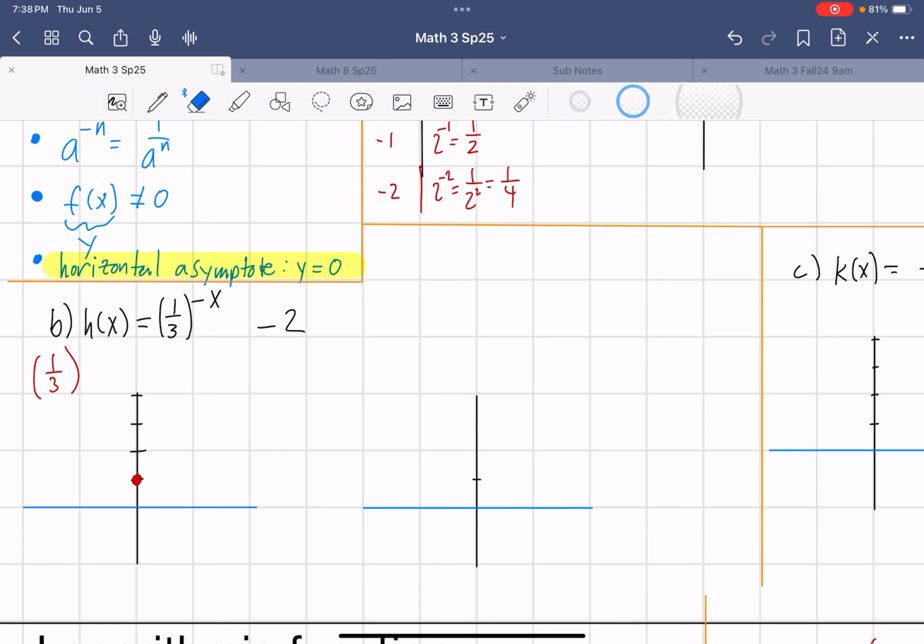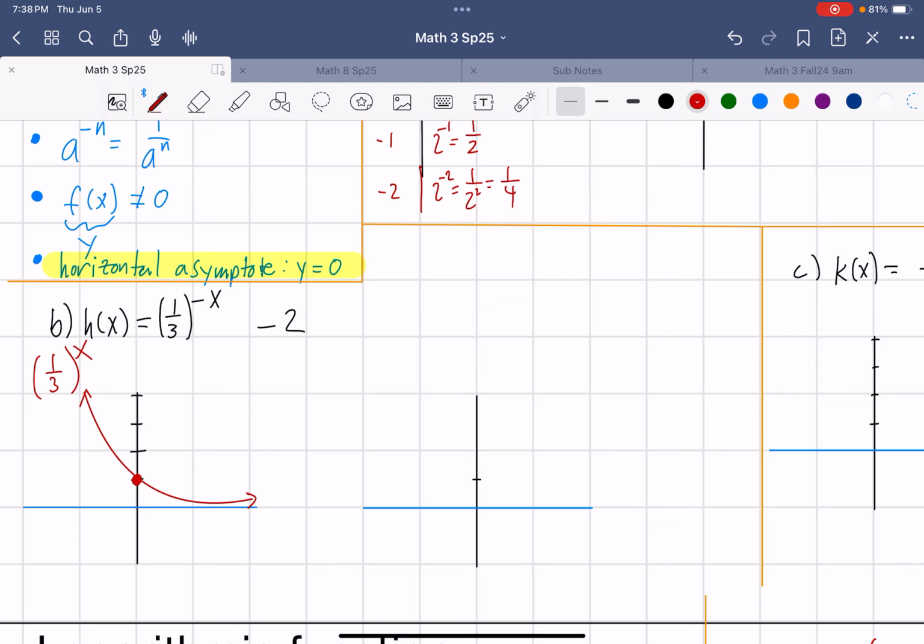It's initiating the graph. And just like the previous one, it also has the asymptote at that 0. Then it grows on the left.